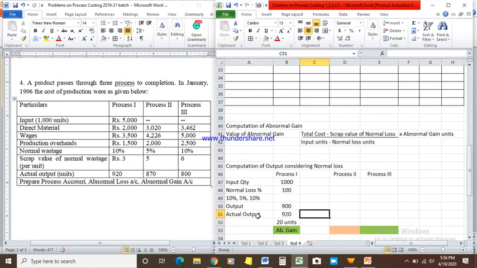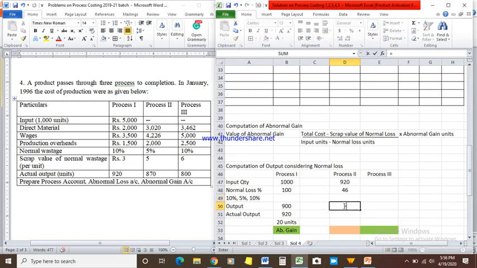Now when these actual output of 920 units are processed in the next process 2, the input becomes 920. In process 2, the normal loss is 5%, that is 0.05 into 920, so 46 units is a normal loss.